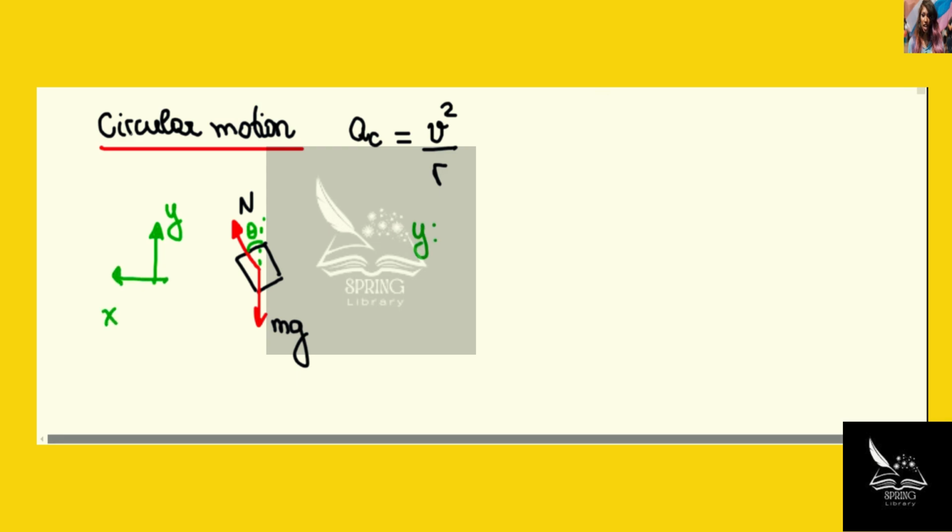So in the y coordinate, we have N times the cosine of theta minus mg. This must be equal to 0 because, according to the exercise, we need only the normal force to be acting on the driver, meaning that the gravitational force must be canceled out.